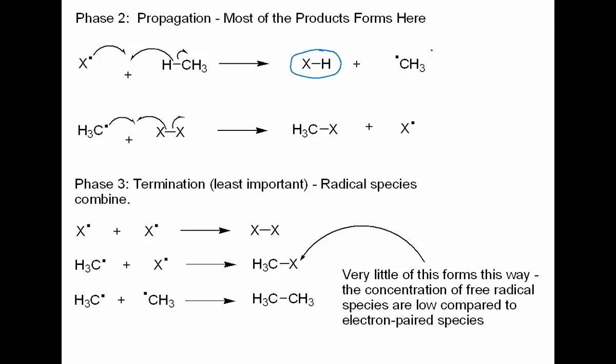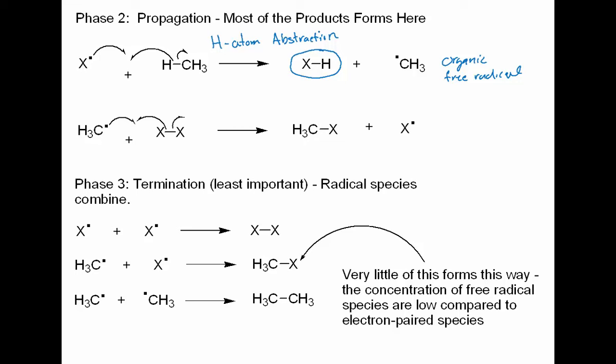And this generates a new species, an organic free radical. A free radical is just defined as a compound with an unpaired electron. This particular process is quite a common reaction in free radical chemistry. This is called a hydrogen atom abstraction.